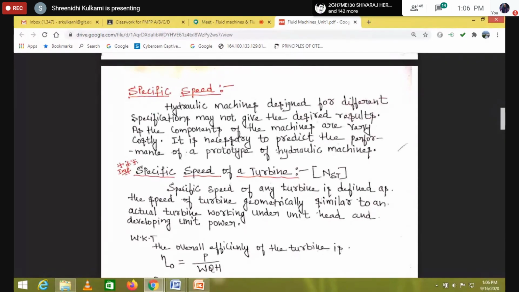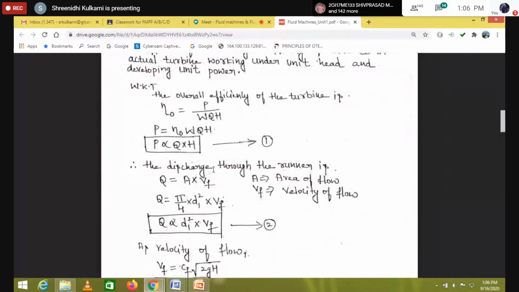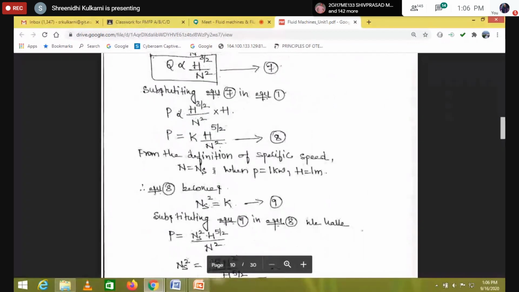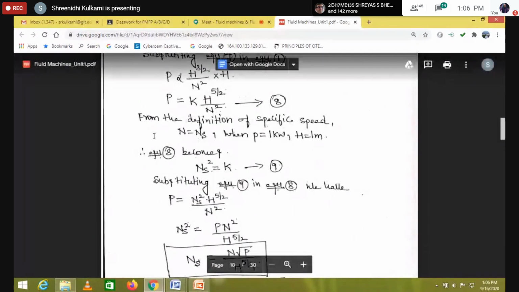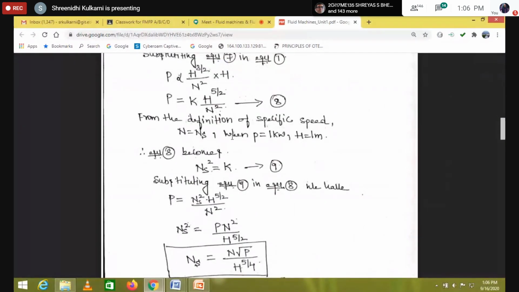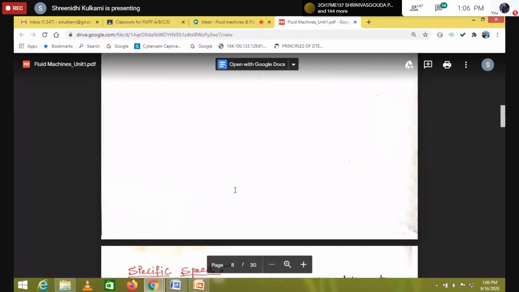Just now I told you, first we are going to build one small prototype. In that prototype, we consider everything as a unit, because while deriving, from the definition we have to consider everything as a unit. That we can call the specific speed.